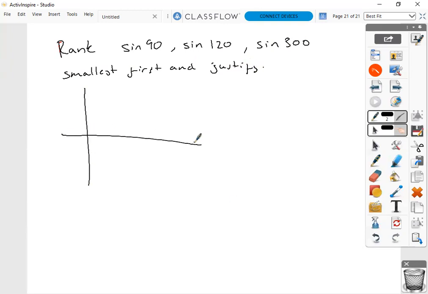Exact same process, but draw the sine graph. Sine 90, your milestone, we're at our maximum. It's at 1, so sine 90 is going to be the biggest. Sine 120 is about here on the x-axis, so it's just less than 1, maybe about 0.8. Sine 300 is way over here, so we're way down at negative 0.8.